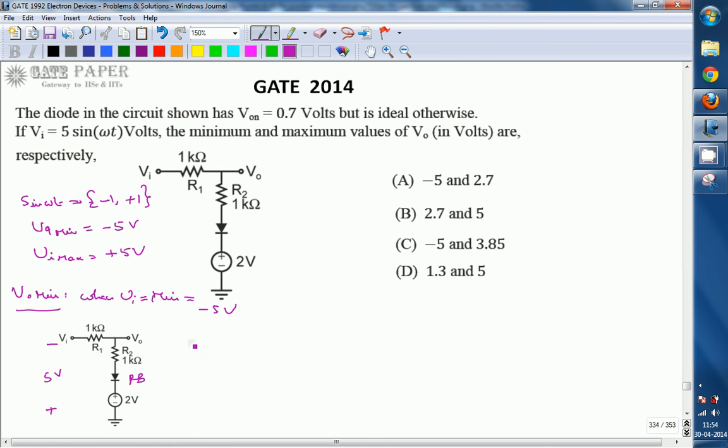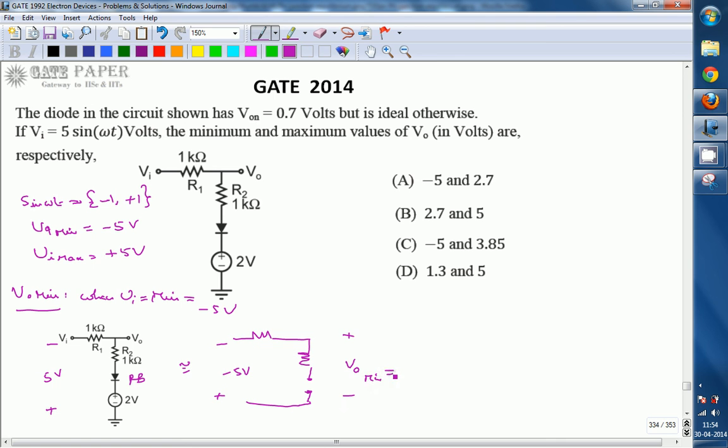Whenever the diode is reverse biased, the equivalent circuit looks like this: a resistor followed by one more resistor, and there is an open circuit over here. So this is -5 volts, and the diode is reverse biased, and what we are after is V0.